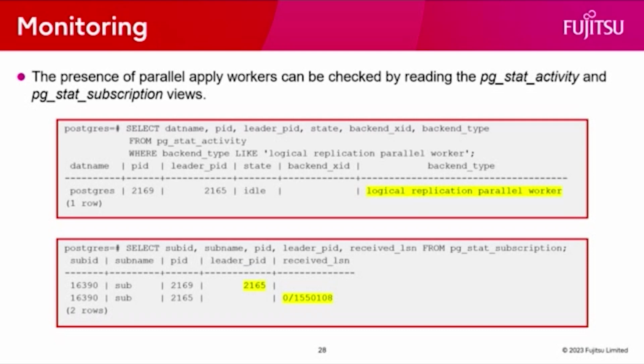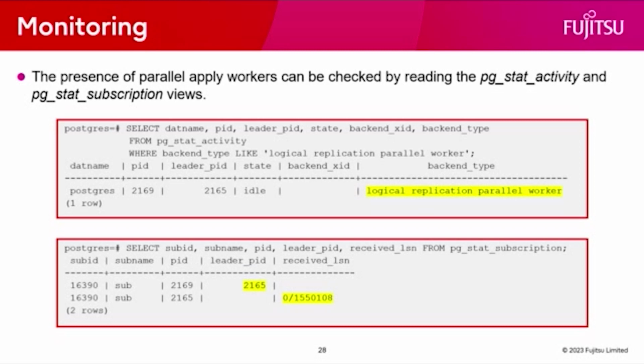Okay? The presence of parallel workers can be checked by reading the pg_stat_activity and pg_stat_subscription views. Regarding pg_stat_activity, the status is set to active when the parallel apply worker is handling a large transaction. The box above shows that case, but here the status is idle, so at that time the parallel worker does nothing.